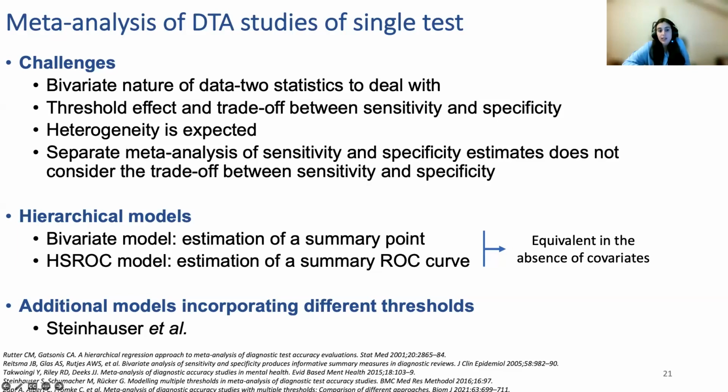And in this case, even the HS-ROC model, which accounts for the threshold effect, but both models do not account for the threshold values per se. So there are additional models suggested in the literature, like the Steinhauser model, which is a mixed effect model and takes into account all these values.